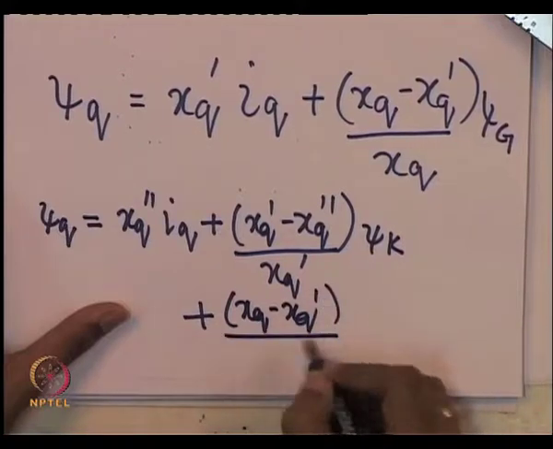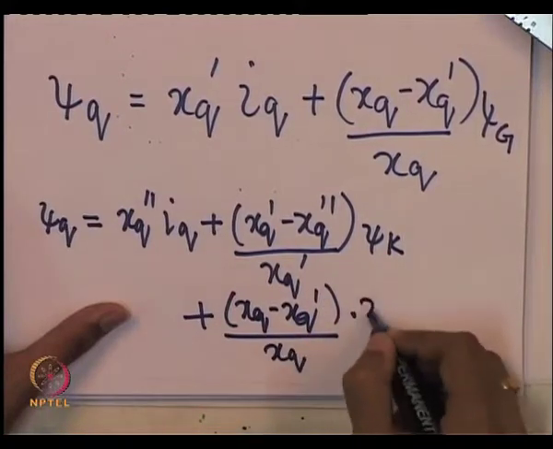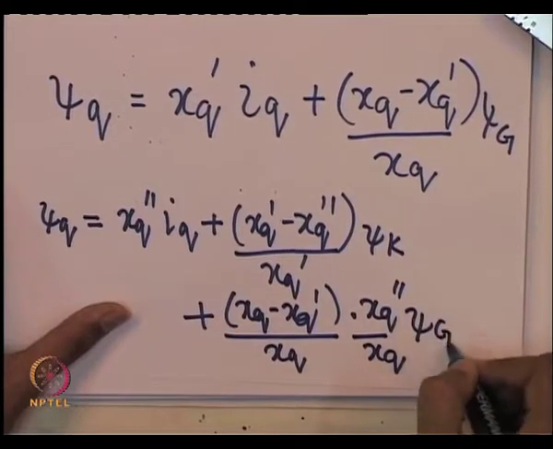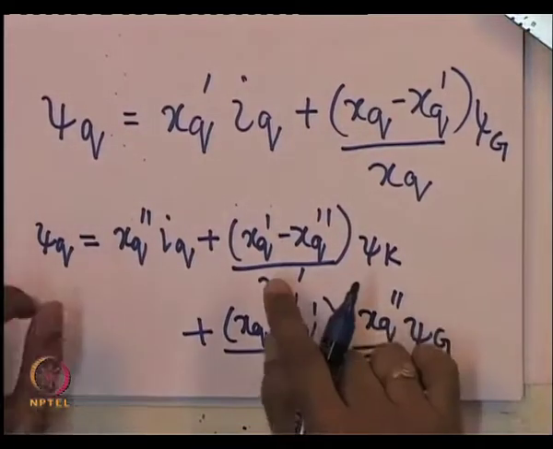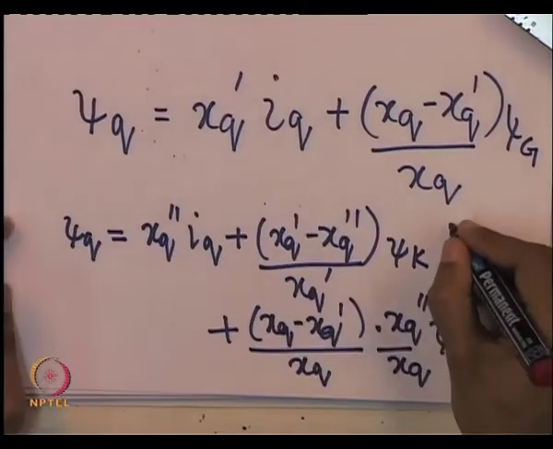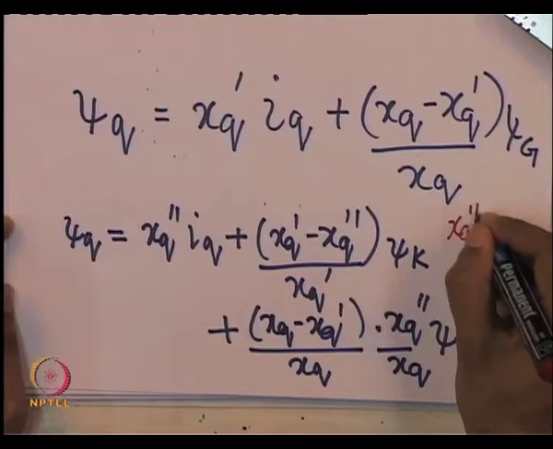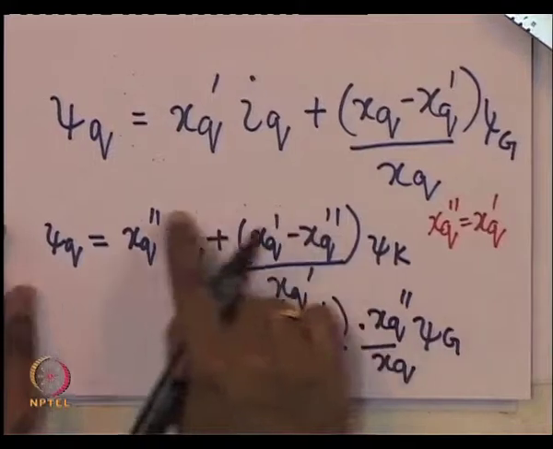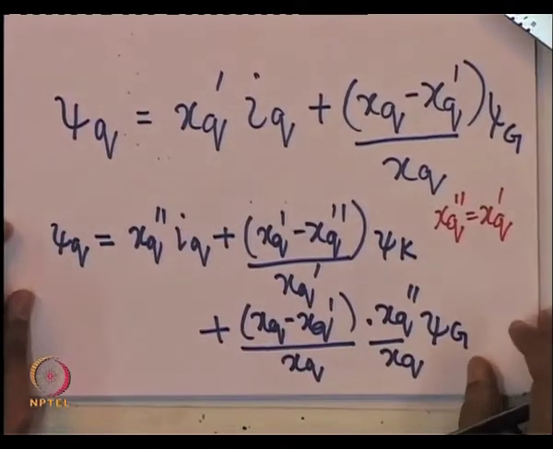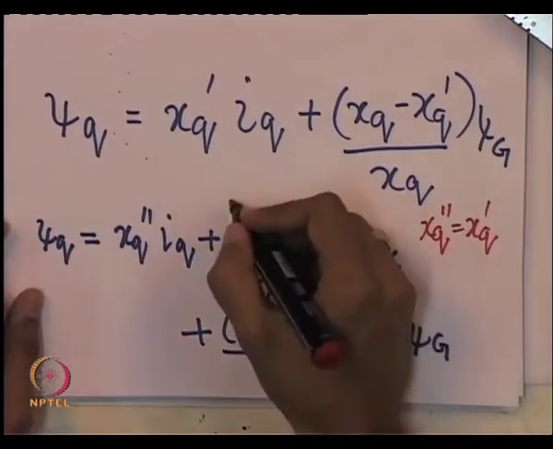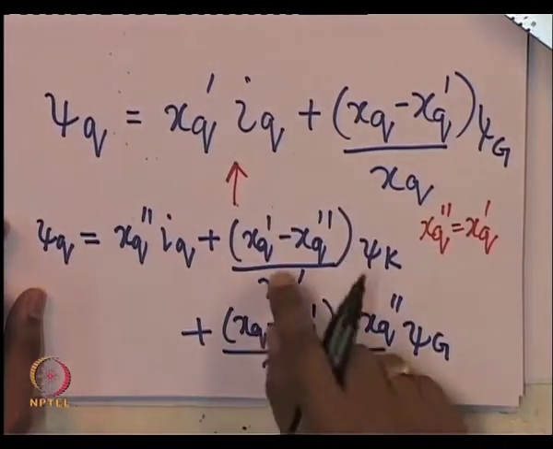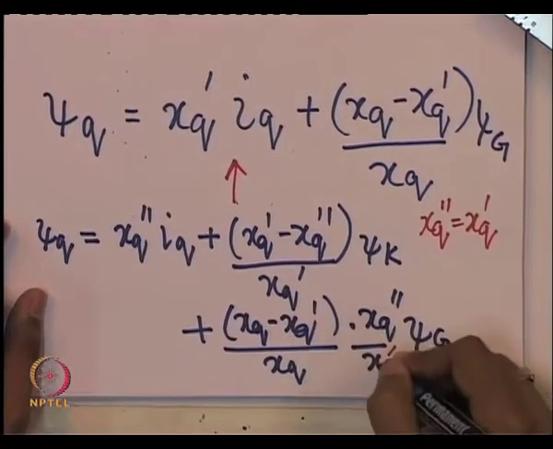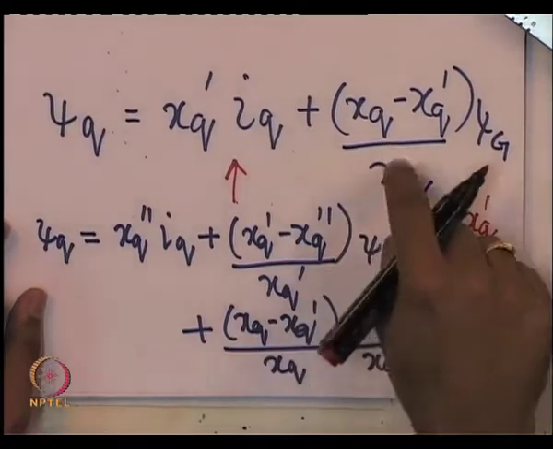Well, it looks pretty complicated, but something you will probably be able to suggest is that if I had directly set x q double dash equal to x q dash in this equation, in that case you would have directly got this equation. Note that this term would have disappeared. So, this would be 1. So, we would be really getting back to these equations.